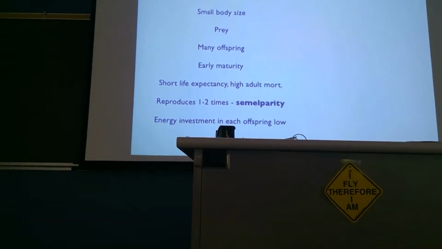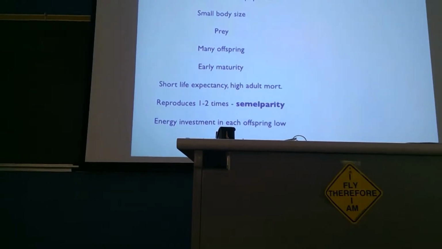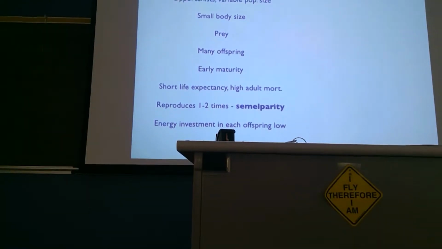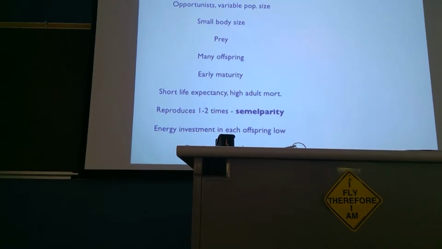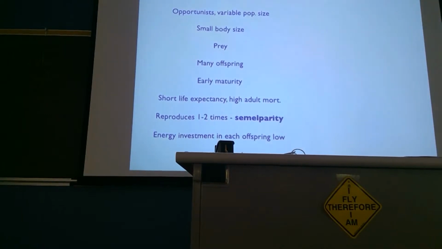And because they're likely to be eaten, they have early sexual maturity, and they have lots of babies at a time because there's not going to be many chances for them to reproduce. Okay. And as such, they have a short life expectancy and high adult mortality, and so it's to their advantage to reproduce as early and as frequently as they can. But because their life expectancy is short, they generally reproduce 1 or 2 times, which is what we call semelparity.